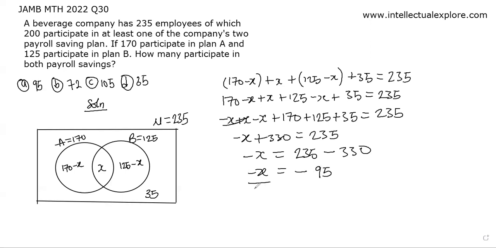If you divide both sides by minus 1, because the coefficient of x is minus 1, minus cancels, minus becomes plus. So therefore, x equals 95, which is the same thing as A intersection B. So that means the number of employees that participate in both payroll plans is 95, and that's our option A.